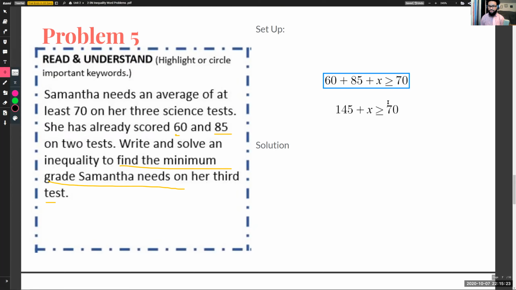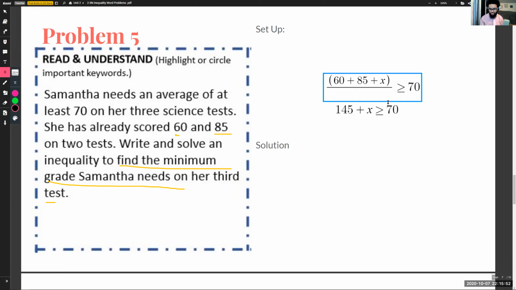When we take an average, you add things together and then divide by however many there are. And so the average of all 3 of her tests needs to come out to 70. So she needs to add all 3 of her tests up, divide them by the 3 of them that there are, and it needs to be a minimum of 70, okay?